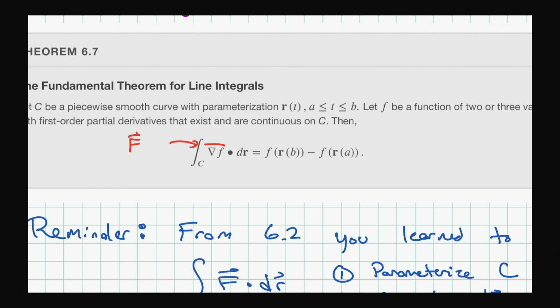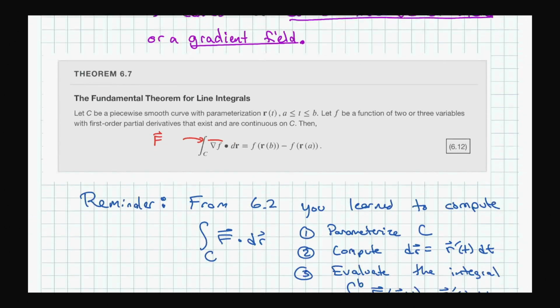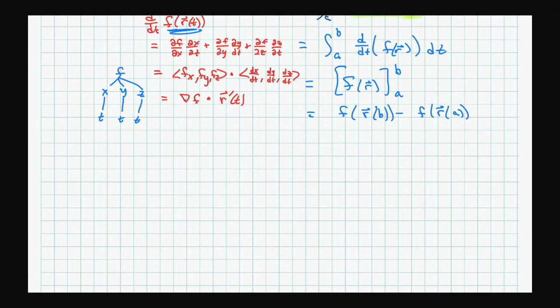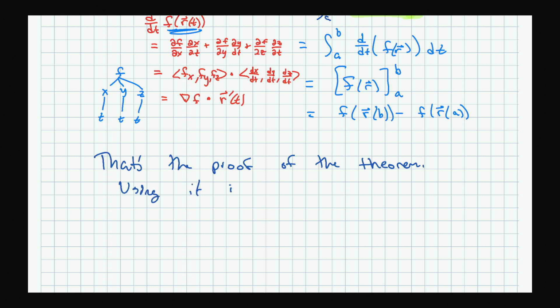Okay, so that is the fundamental theorem of line integrals. And I basically proved it. That's not how you use it, okay? So that's the proof, essentially. Using it is much easier. Why is it much easier?